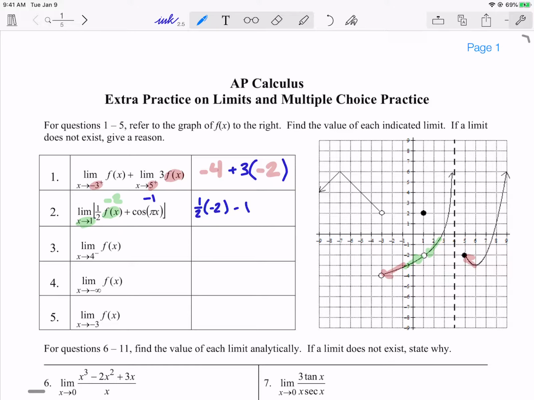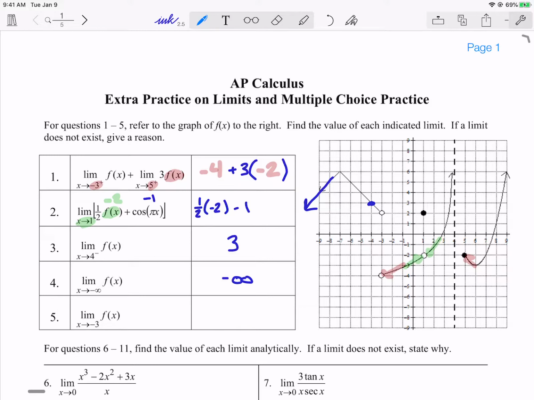Number 3, I'm approaching 4 from the left. Well, it doesn't really matter which side I come from, because either way, when I approach 4, I get a value of 3. And then as x goes to -infinity, this thing is going down, so this will go to -infinity.